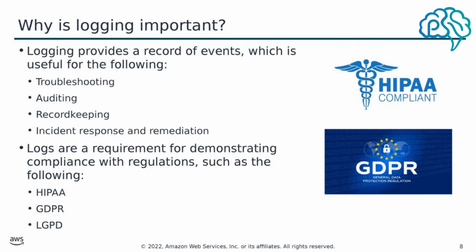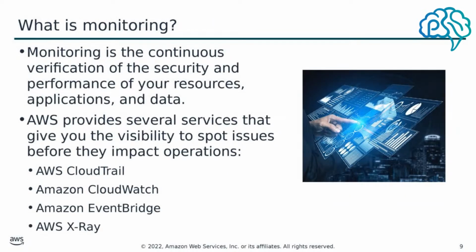So let's dive into a little bit more here. What is monitoring? Monitoring is continuous telemetry and alerting, so that it provides situational awareness and also rapid detection of anomalies across complex distributed systems. If you look at AWS, it's going to give you native and also third party tools for comprehensive monitoring.